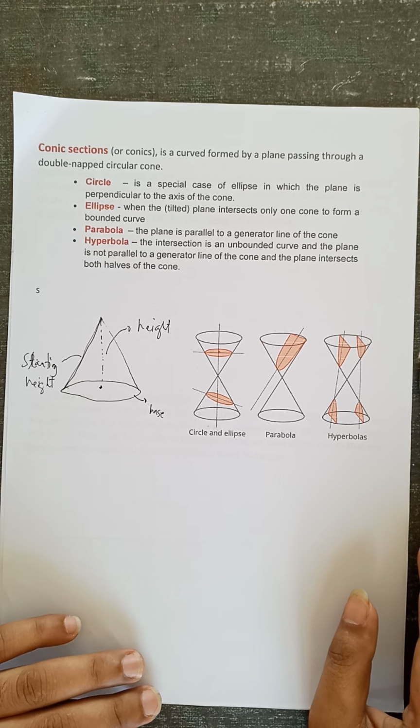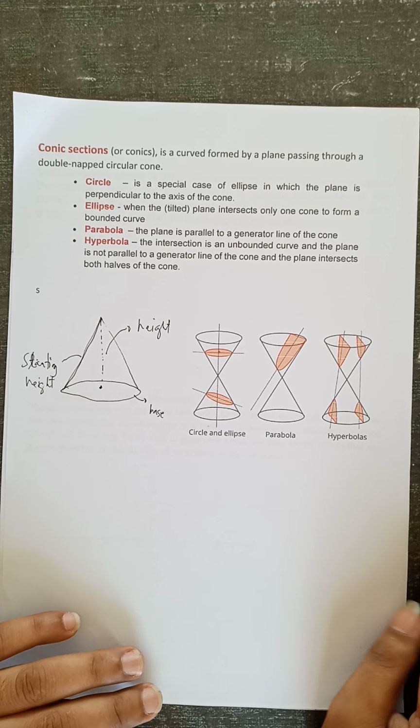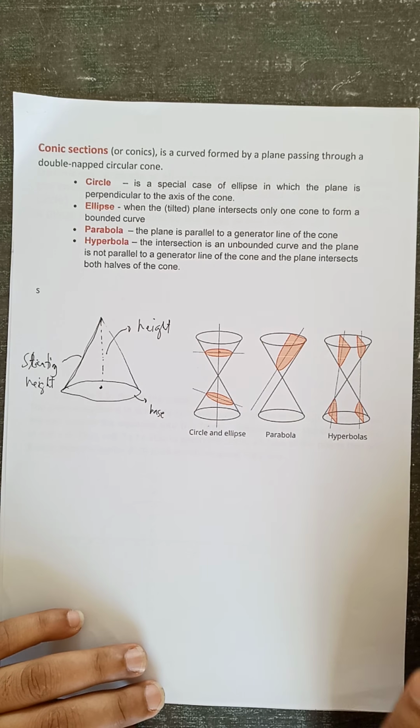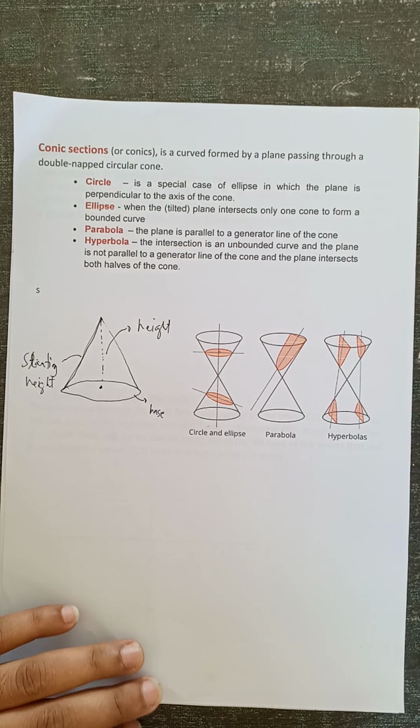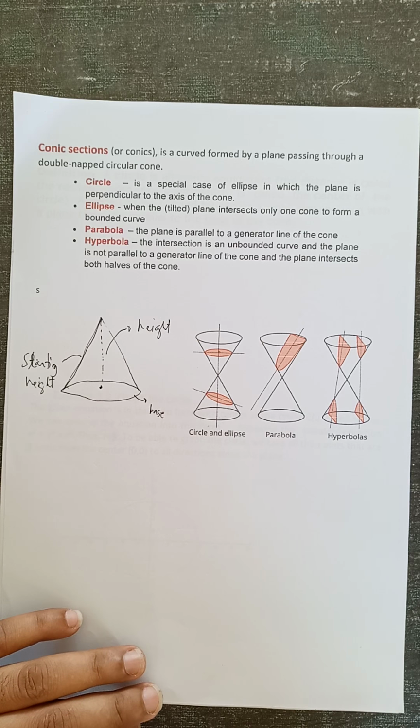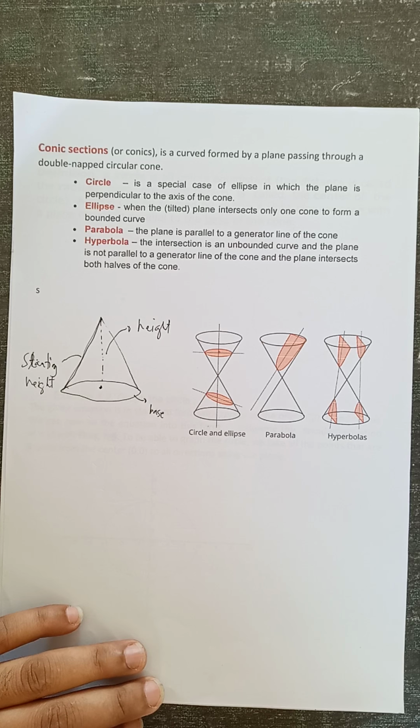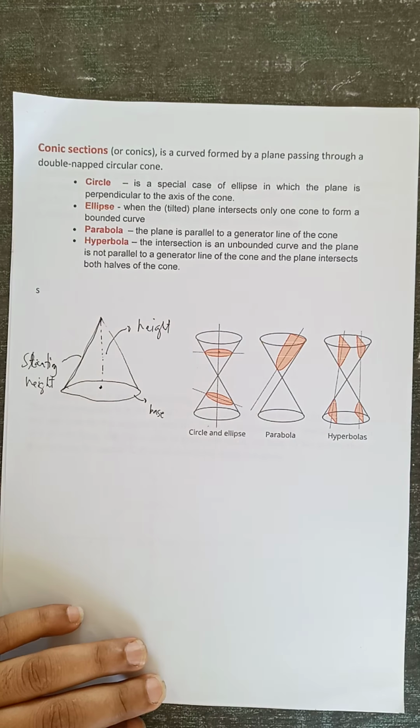Okay, so there are 4 types of conic sections. The first one is the circle, then ellipse, parabola, and hyperbola. So let's start with the circle. A circle is a special case of ellipse in which the plane is perpendicular to the axis of the cone.